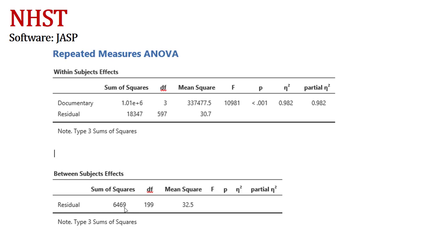So basically this is the amount of variance that is not explained by the model.